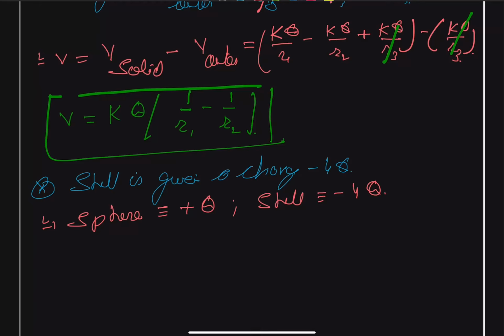And because shell is our conductor and it still surrounds the sphere, therefore the induced charge on the inner surface must still be minus q. Okay, we have to remember that, because charge on the sphere is plus q.